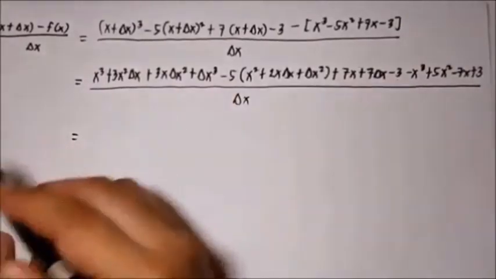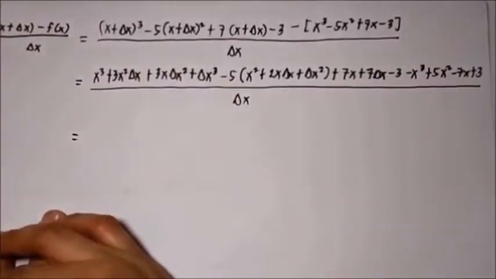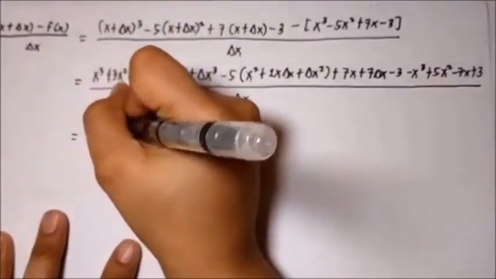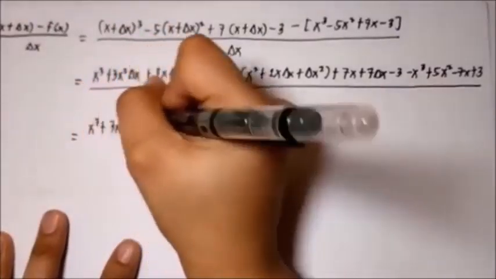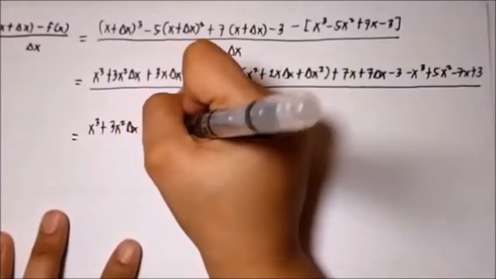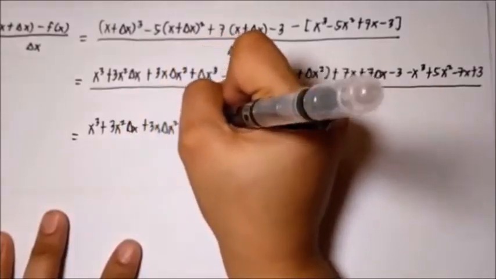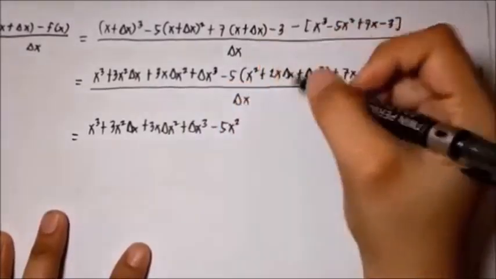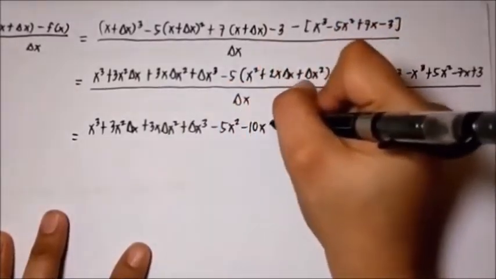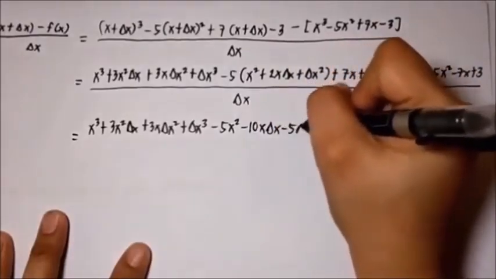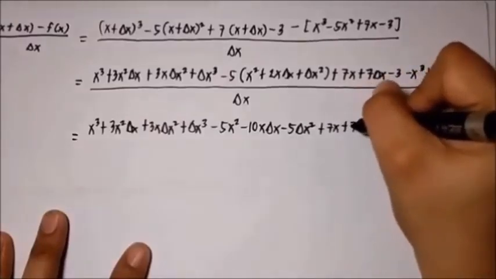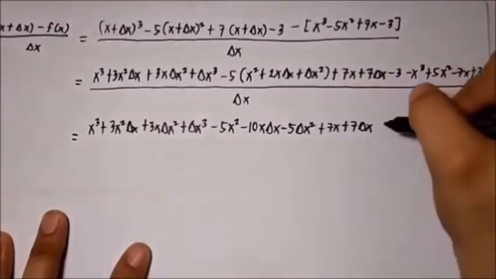Okay, so let's now evaluate this. And then we will simplify all the given that would be positive and negative. Let's rewrite first. X cubed, 3x squared delta x plus 3x delta x squared plus delta x cubed. And then distribute negative 5. Negative 5x squared, negative 10x delta x, negative 5 delta x squared plus 7x plus 7 delta x.